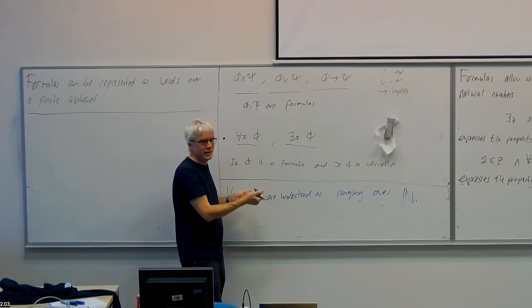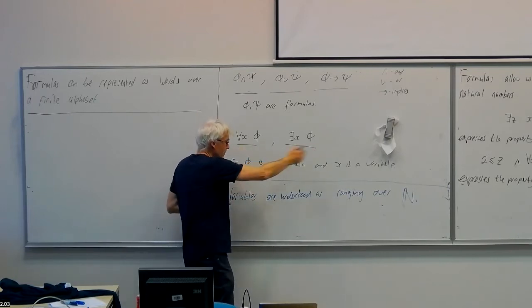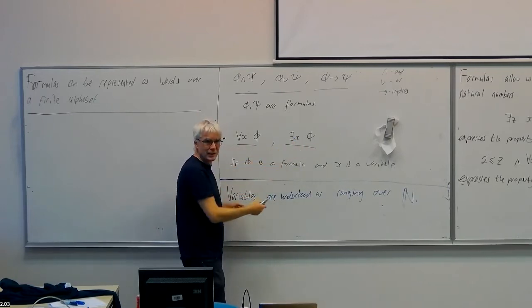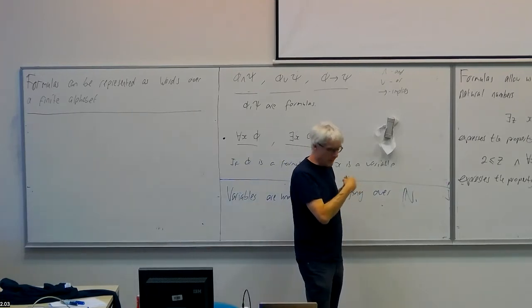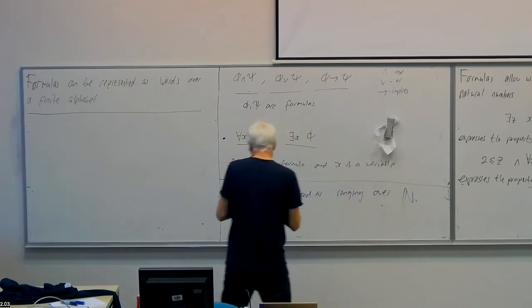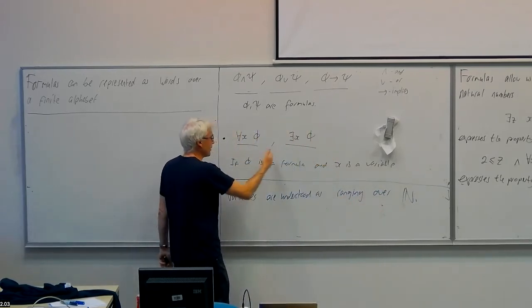In computer science, this task is known as parsing. You're given a word, that's a string of symbols, and you parse it to see that it conforms to the grammar of the language that you're generating.